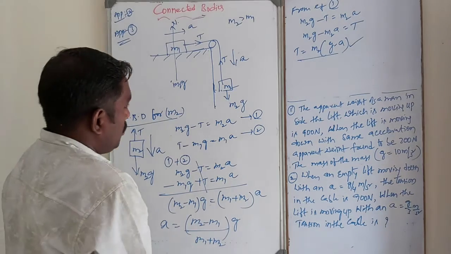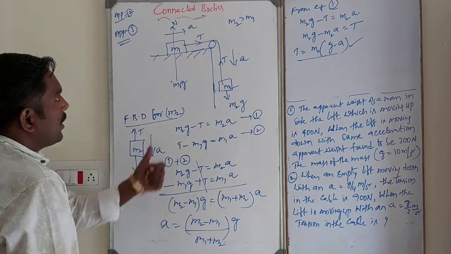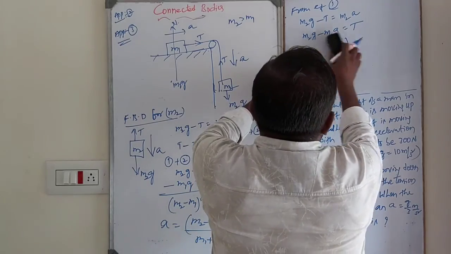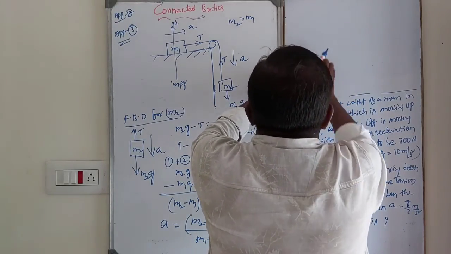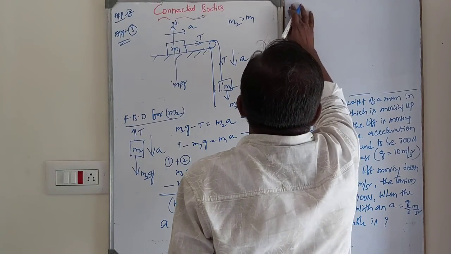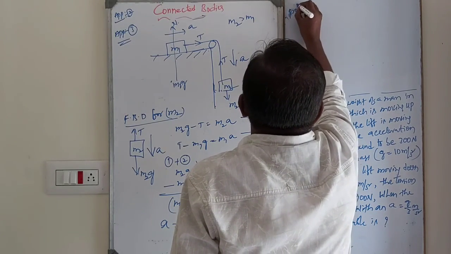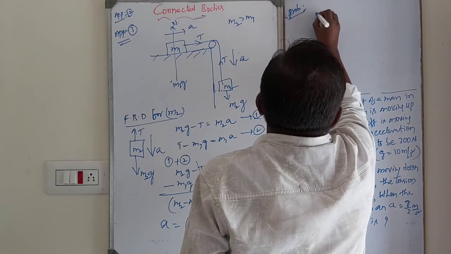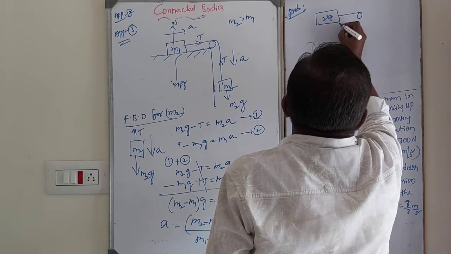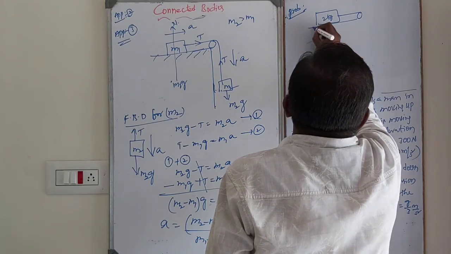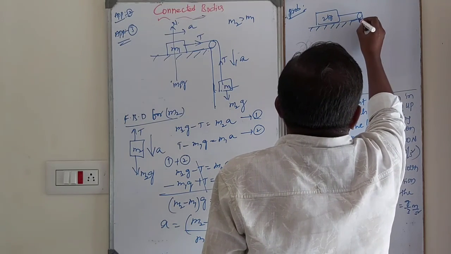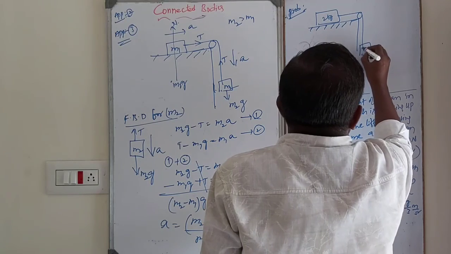Now, one problem about connected bodies like this. Suppose this is 2 kg and this is 3 kg.